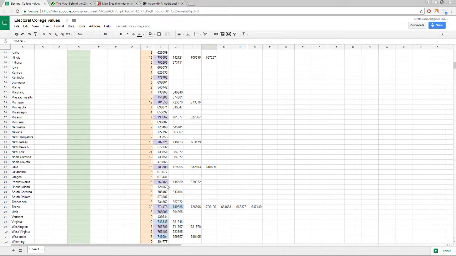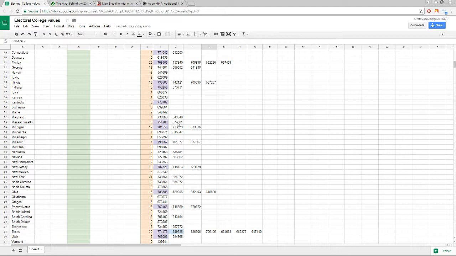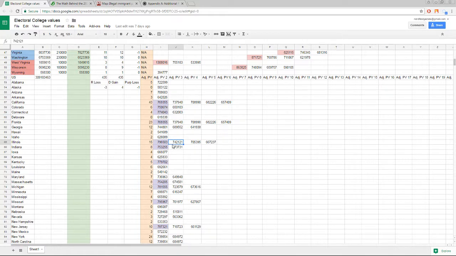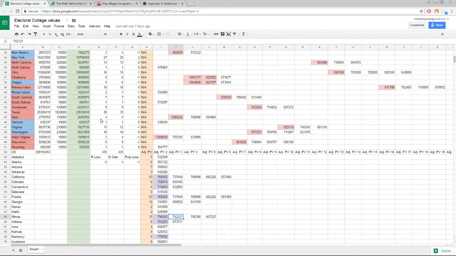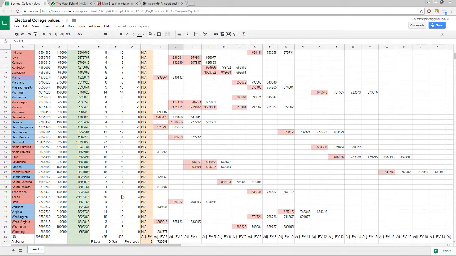It actually gave me 4, so I had to remove the lowest one, which was the only one above 740,000 priority value that didn't get a seat was Illinois. They're right here. So that's how I got my total seats. Sorry for scrolling all over, but that's how I got my total 435 seats.